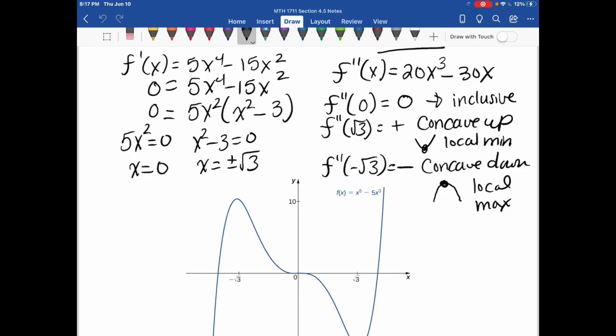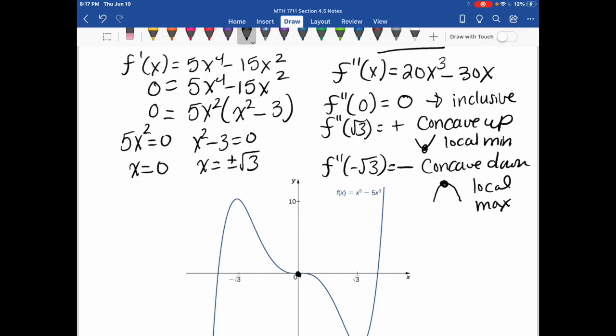Now, by the second derivative test, we can conclude that f has a local maximum at negative square root of 3, f has a local minimum at x equals positive square root of 3, and then we have a critical value at x equals 0, but based on the second derivative test, we weren't able to tell what's going on at that point.